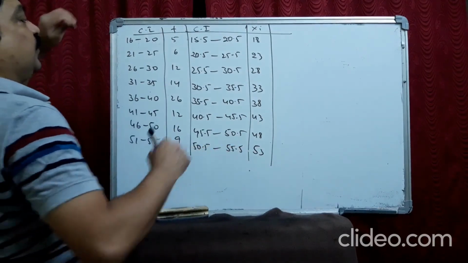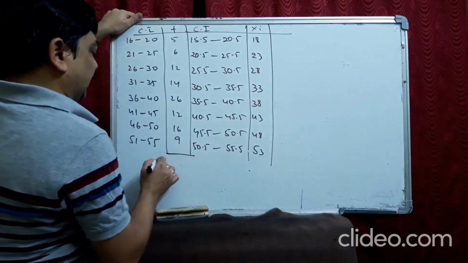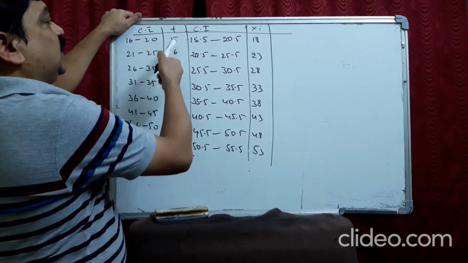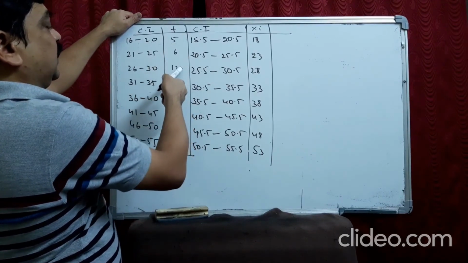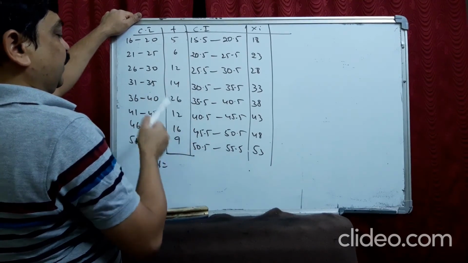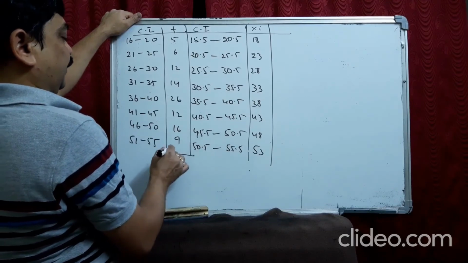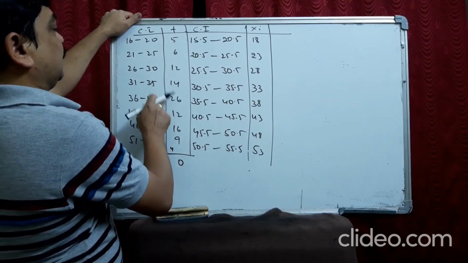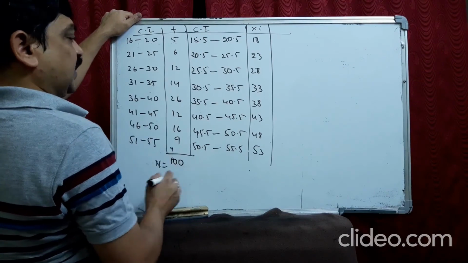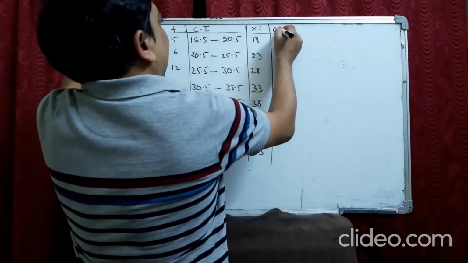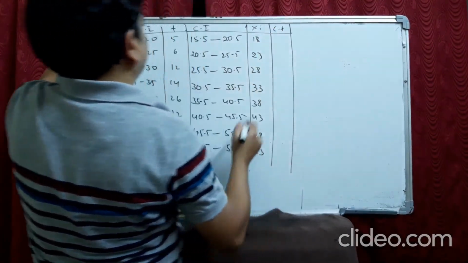Okay, now let us find capital N also. Capital N is 5, 6, 12, 14, 26, 12, 16, 9, which sums to 100. N is 100. Let us find the cumulative frequency also to find the median.